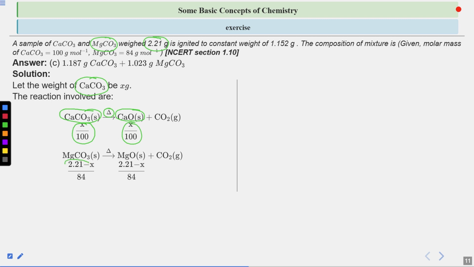Again, we divide the mass of the magnesium carbonate by the molar mass to give us the number of moles. And the equation is also saying that 1 mole of magnesium carbonate will give us 1 mole of magnesium oxide. Therefore, 2.21 minus x by 84 moles of magnesium carbonate will give the same moles of magnesium oxide.